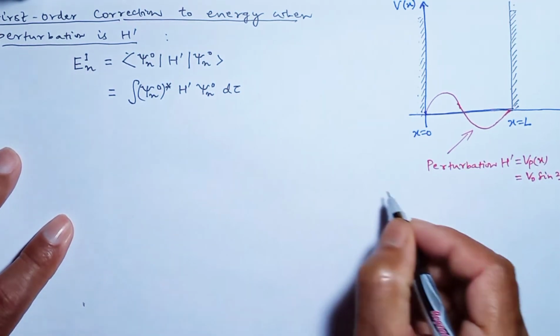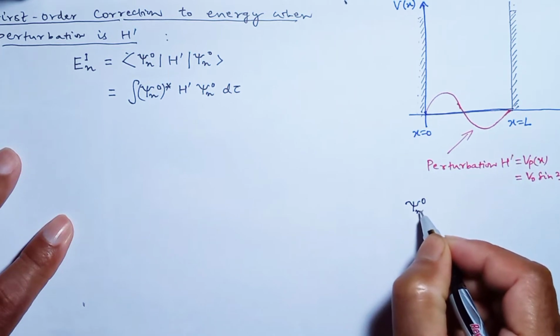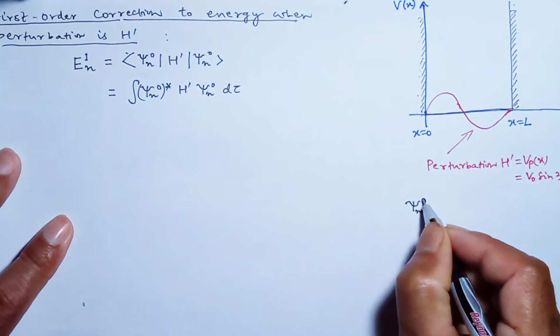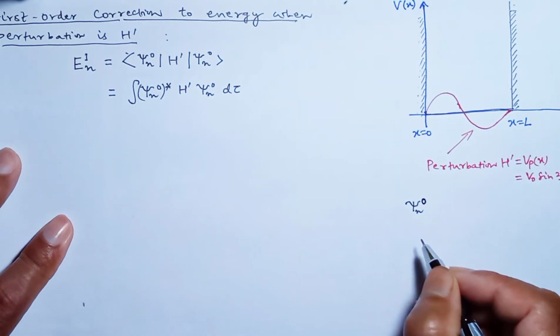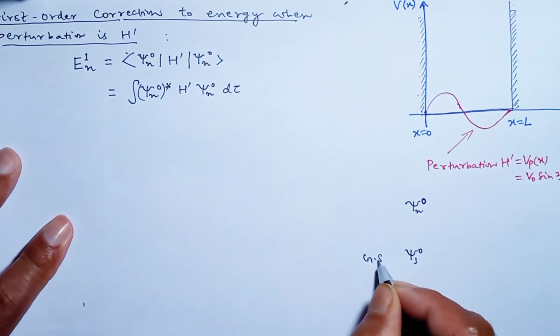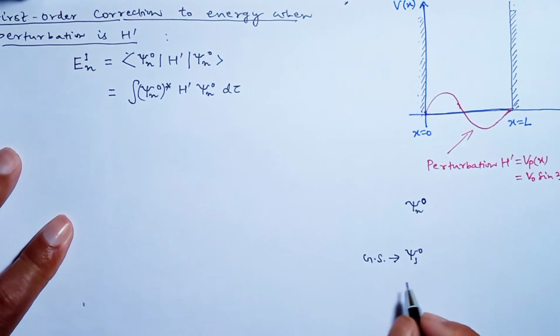This psi n0 is the unperturbed wave function. 0 represents here the unperturbed wave function and n the state of the wave. So psi1 0 will represent the ground state wave function for n equals 1.